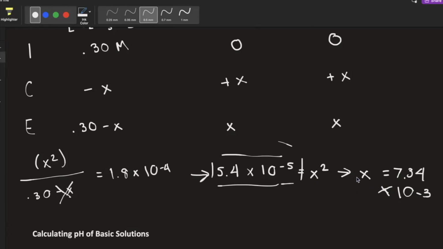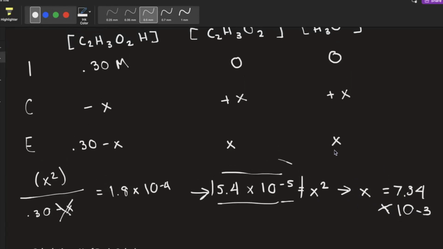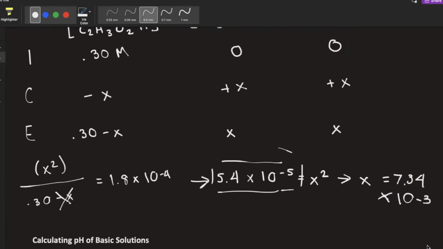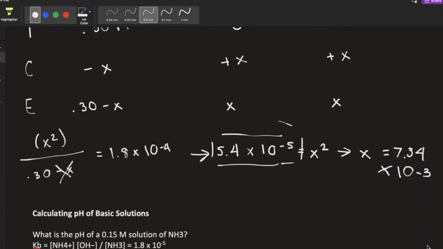Now to find the pH, we have to take the concentration of H3O plus, which we know is now 7.34 times 10 to the negative 3. So we know that pH is equal to the negative log of the H3O plus concentration.